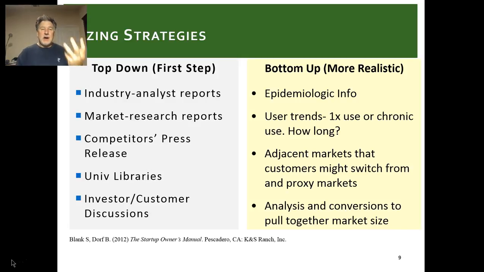That gives you a top-down feel. On the other hand, there's a bottom-up feel, which is based on epidemiologic information, user trends, adjacent markets, and analysis of these data and conversion to pull them together for a market sizing.